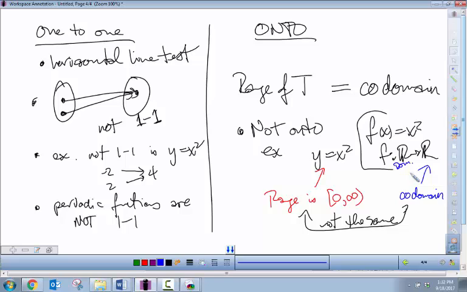But in the stuff that we're doing, we're going from R2 to R4, and so those are different spaces. Where the function takes a complex number, then it's up to you how you define your codomain. If you want your codomain to be just real numbers, then it's just real numbers. But if you define it for complex numbers, then you're missing the whole part of complex parts, and so that's not onto.